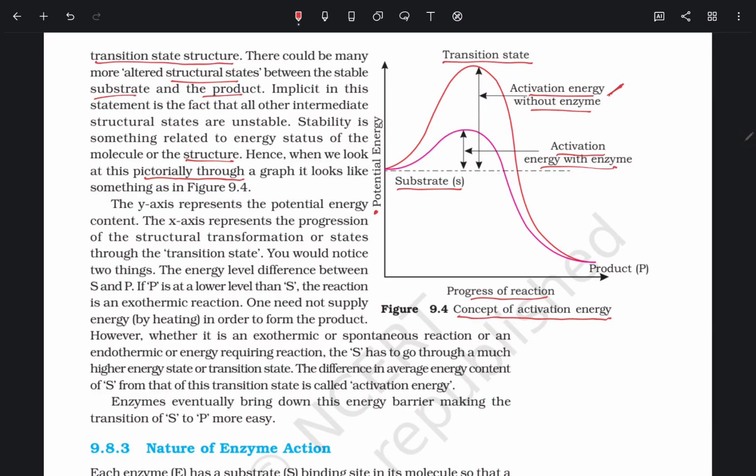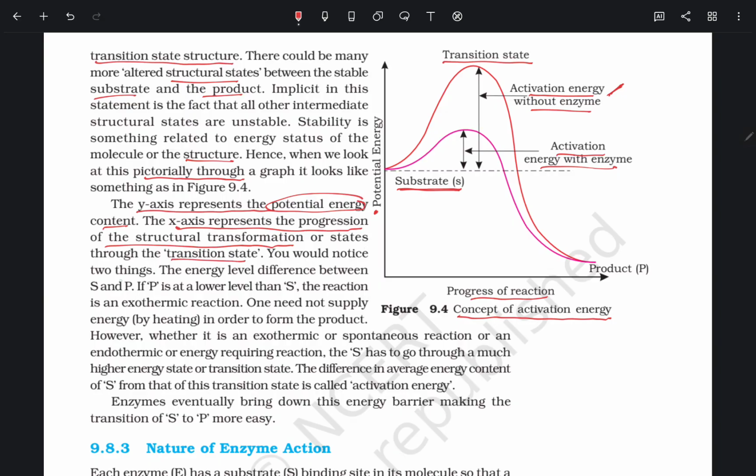The substrate shows a constant state, and the product shows progression of the reaction. The y-axis represents the potential energy and the x-axis represents the progression of the structural transformation or state through the transition state.